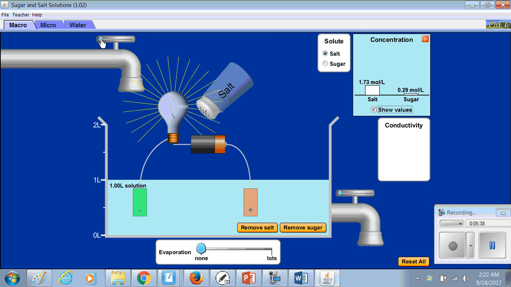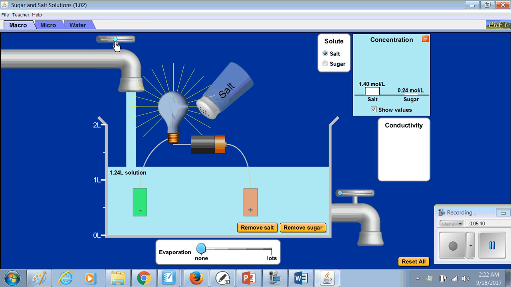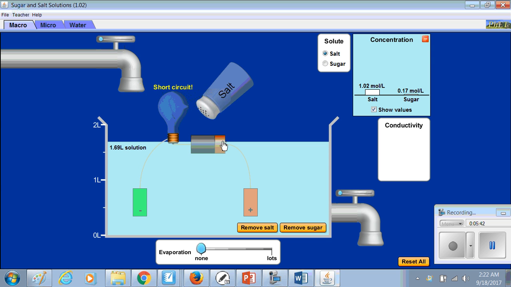One more thing before I move on. If I add more water, I'm adding a higher volume of water, and so my concentration, my molarity, my moles per liter, both of those values are decreasing, because I still have the same moles of solute but a greater total solution volume.